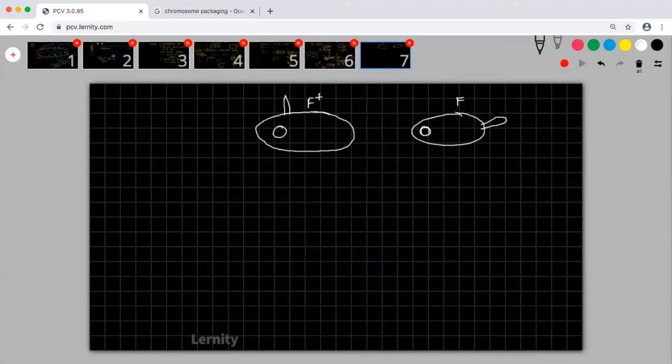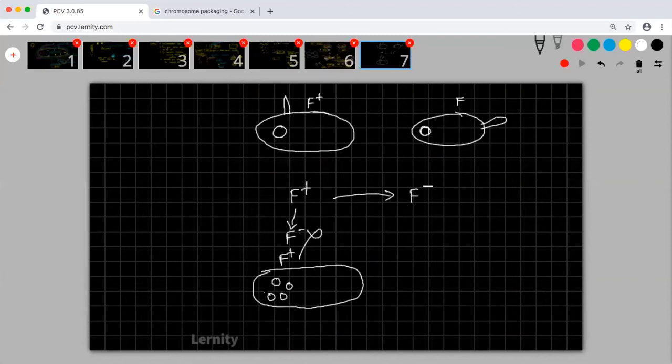Will the organism which passes the factor lose the factor, or is the factor reduced in that organism, or is it just replication of the factor and then it is passed through the pili? Many of you have this confusion: once this F plus is transferring the gene to F minus, will it become F minus? No, it will not, because this F plus bacteria will make multiple copies of the factor, the plasmids.